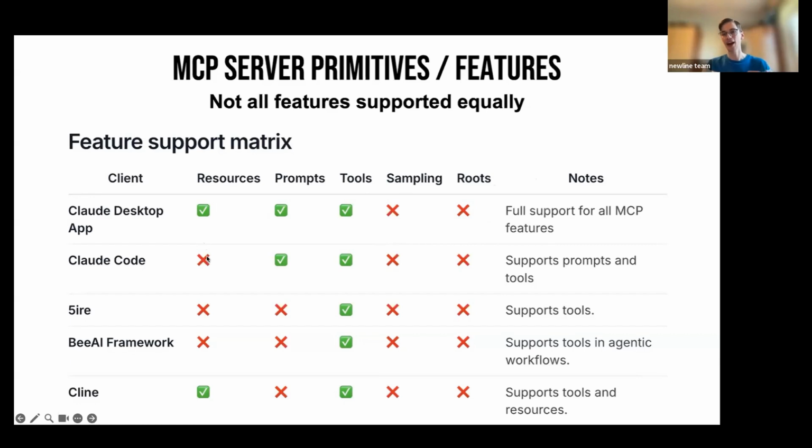And depending on the app that you're using, if resources are important for you, you can probably use a certain client, right? Because it supports that inside of, for example, Cursor. Or, for example, prompts are missing somewhere, right? Tools, once again, since tools are the most used right now, are usually included in most of the cases, because usually you want to perform some tasks or something like that, instead of fetching.